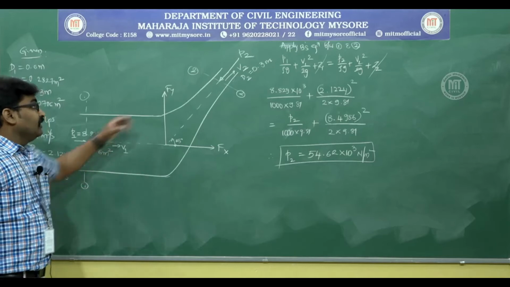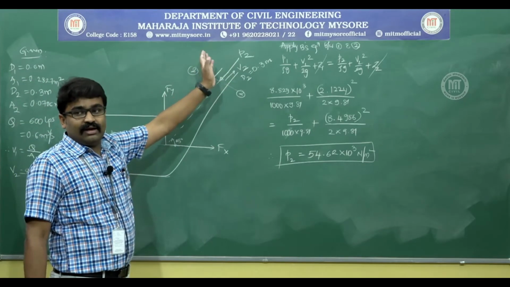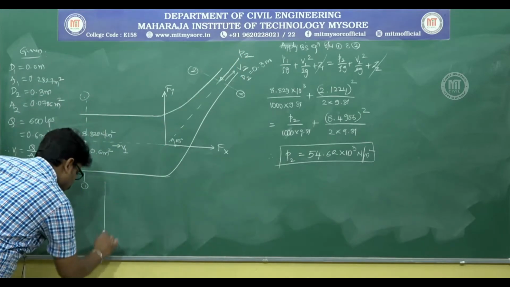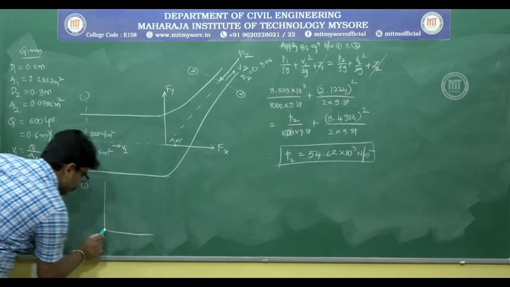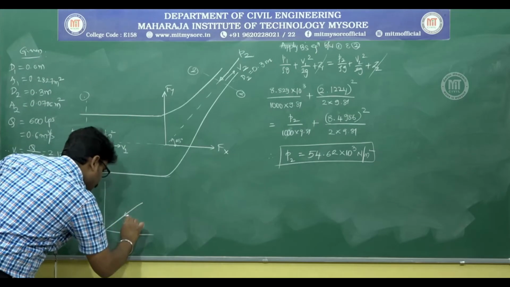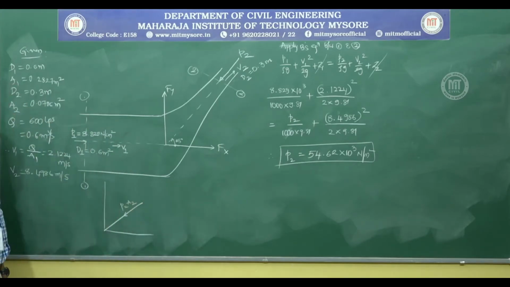that is, the variation of pressure here is neither horizontal nor vertical. So, what I will do is I will draw this diagram again. So, this is nothing but P2A2.